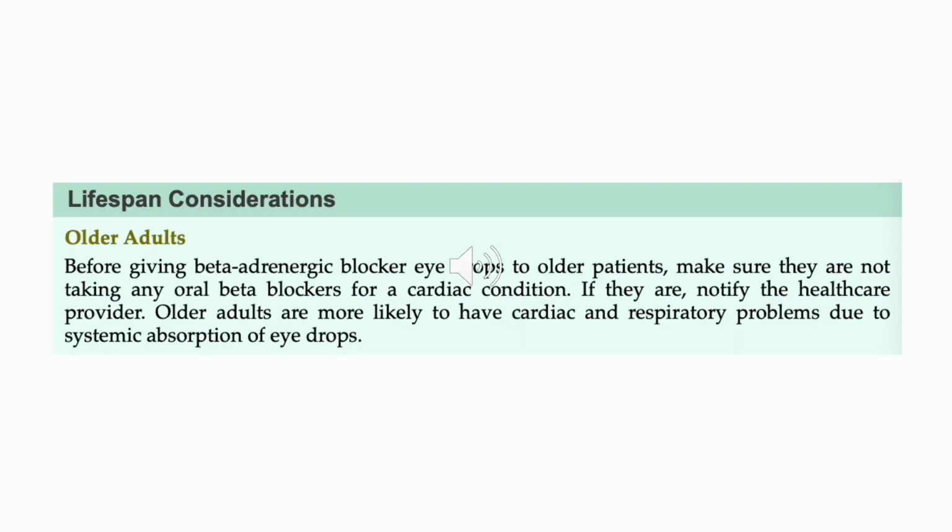Before giving beta-adrenergic blocker eye drops to older patients, make sure they are not taking any oral beta blockers for a cardiac condition. If they are, notify a healthcare provider. Older adults are more likely to have cardiac and respiratory problems due to systemic absorption of eye drops.